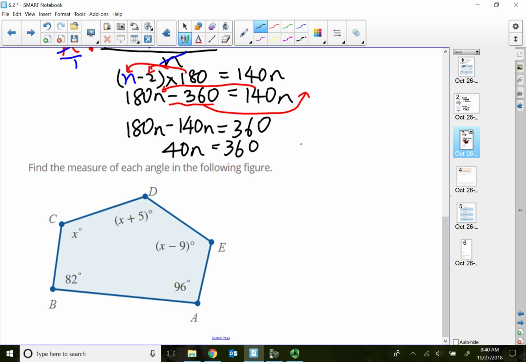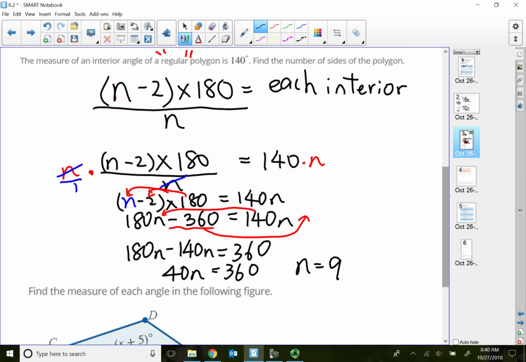Dividing both sides by 40 gives 9. So this regular polygon, with each interior angle 140 degrees, has 9 sides.